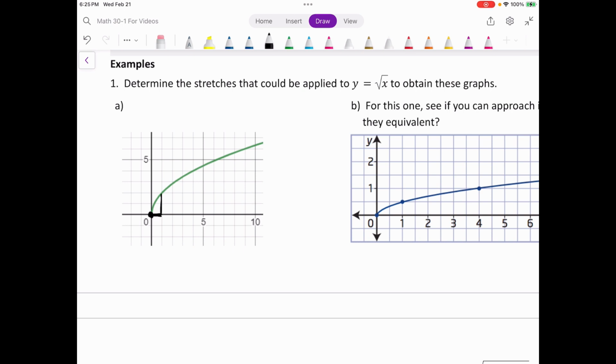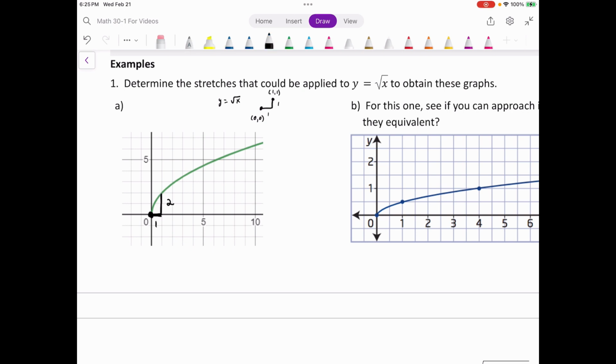Is that what we would normally expect for y equals root x? No, right? For y equals root x, we should see the endpoint at 0, 0, and then another point at 1, 1. So we expect from that endpoint to the first point, as I'll call it, a width and a height of 1, 1. But this doesn't. This is higher, right?